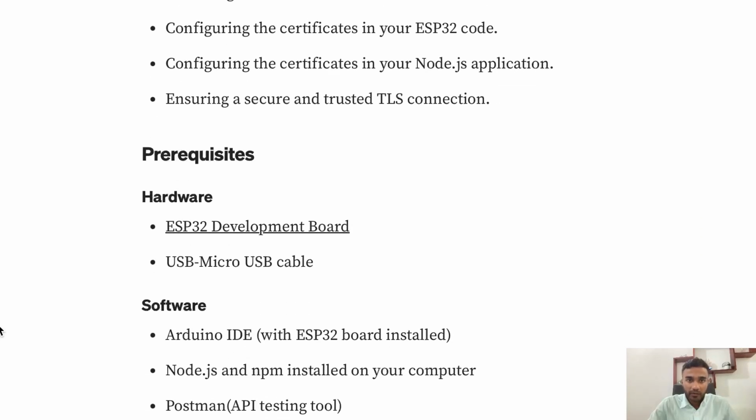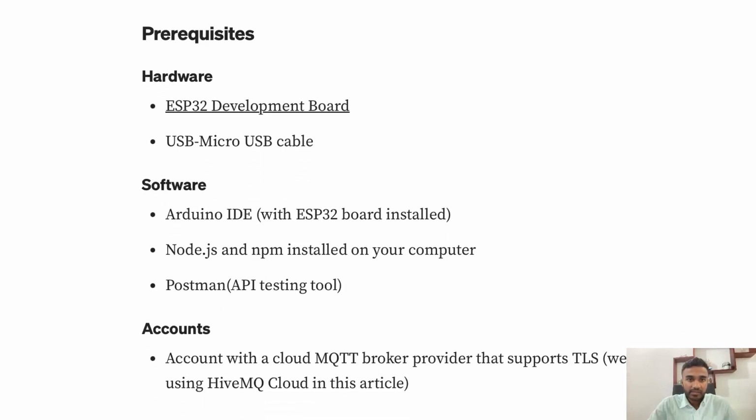The hardware you need is the ESP32 development board and a USB to micro USB cable. For the software, first you need to have the Arduino IDE installed, and in there you need to install the ESP32 board. It can be installed through the board manager.